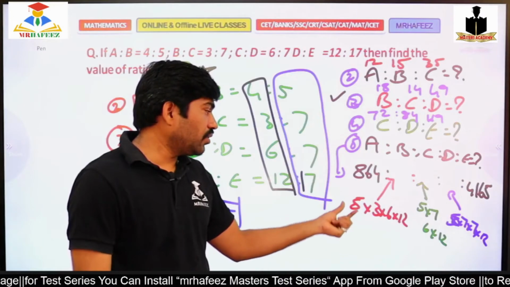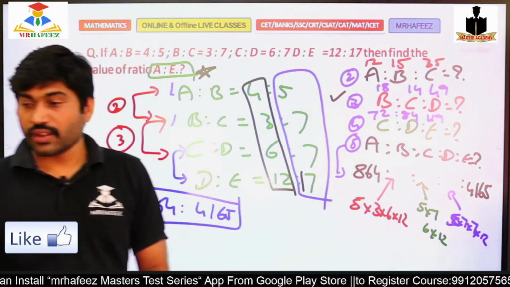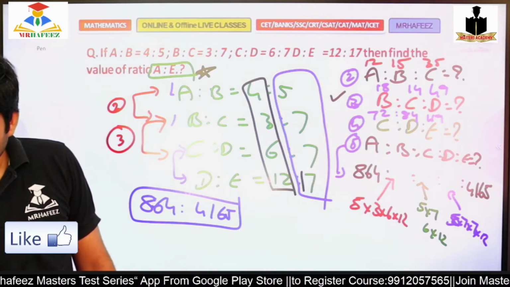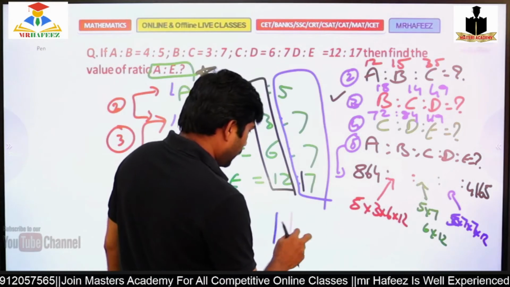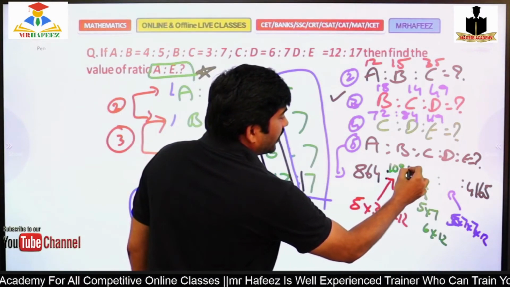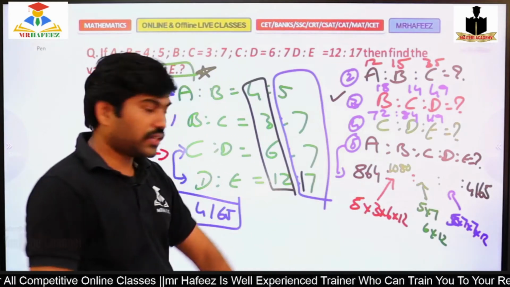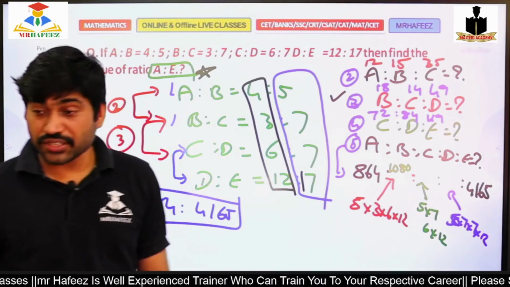So just let me know what is 5 times 3 times 6 times 12. What is the value? Yes, Reshma, it's 1080. What about C? 5 times 7 times 6 times 12.